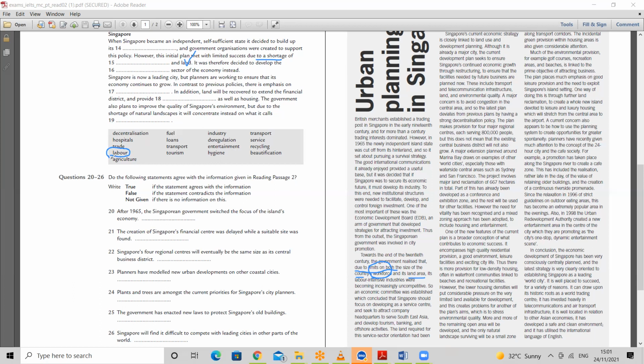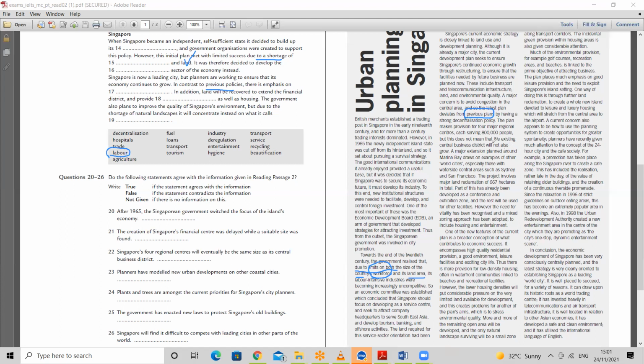Okay. Now let's talk about question number 16. And maybe you can try the rest by yourself, 17, 18, and 19. Now looking at question number 17, it says, in contrast to previous policies. Now I remember when I was reading the paragraph for question number 20 and 26, I remember that I came across this phrase, previous policies, here, the previous plans.